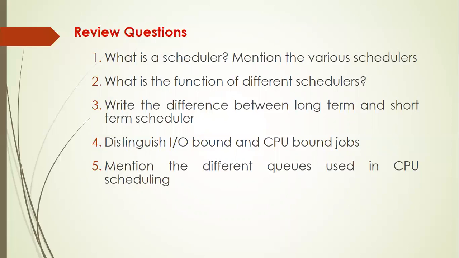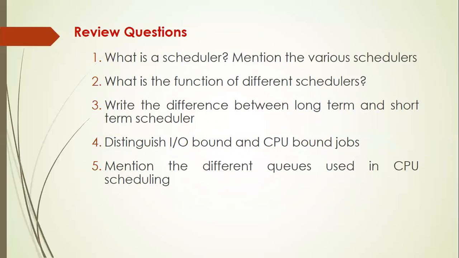Your CPU is executing some job, all of a sudden some new job comes whose priority is more than the currently executing job. In that case, this program has to be moved to some place, probably secondary memory, then that new program is brought in and executed. After the execution is over, it will bring the program from the secondary memory back to the ready queue and start executing. So during the swapping operation, the medium-term scheduler's work comes.